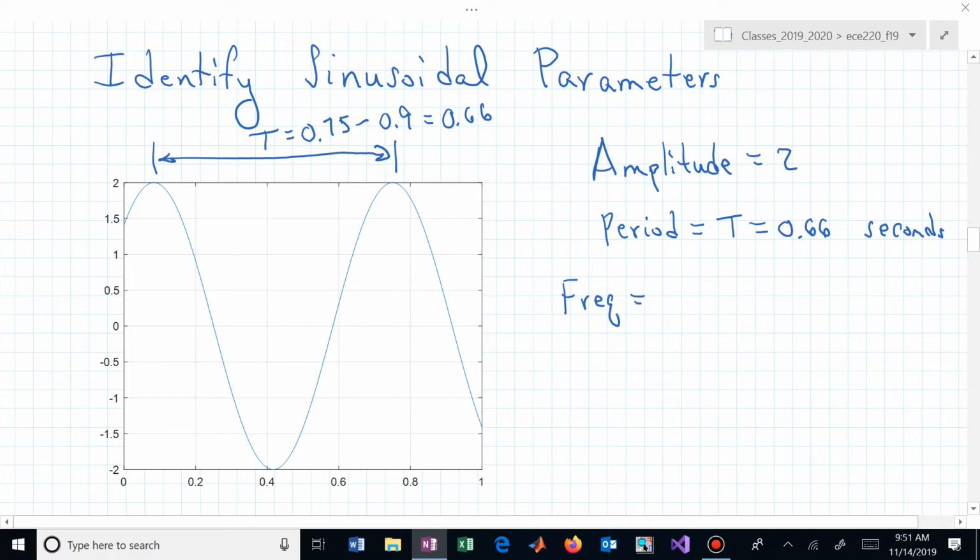And let's just say this one we want in hertz. Let's say that's 1 over 2/3, or 0.66, which is now 1.5 hertz, or 1.5 cycles per second. And can you sort of see that we actually do have 1.5 peaks in a 1 second interval? So that seems to be consistent. We could also talk about the frequency in radians per second.